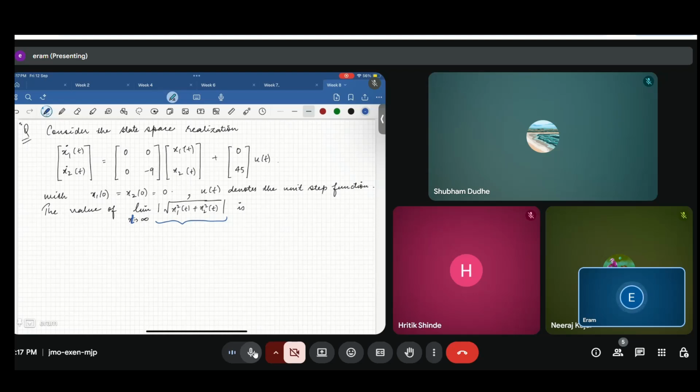What is the steady state value of under root of x1 square plus x2 square? Try this one.